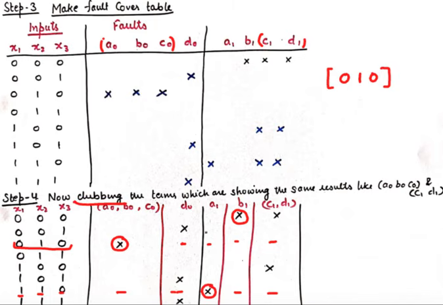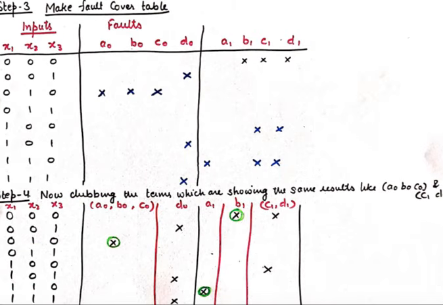For example, just look at this case: we are anyway checking the 0, 0, 0 input combination because B stuck at 1 needs to be checked, right? And that will also eliminate any problems in C1 and D1. So that will give me an idea what my essential input combinations are.